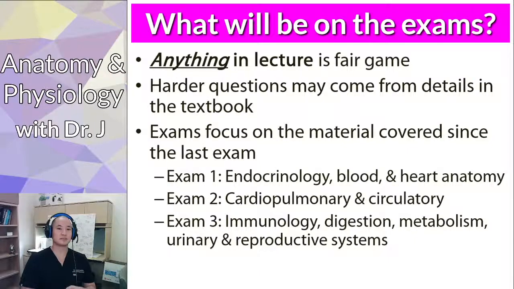So this includes your blood vessels and lymphatic systems. Now exam 3 is immunology, digestion, and then urinary and reproductive systems. Immunology is kind of a beast, and it's actually very important now with everything regarding COVID. So exam 3 has a lot of material, but you have more time to study the material.